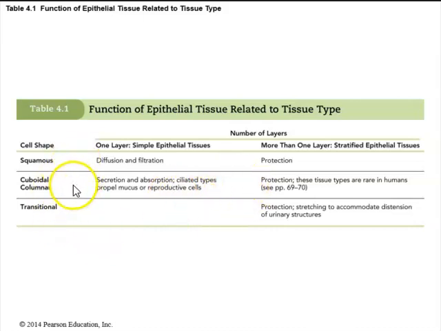Stratified types of this epithelium are mainly for protection. However, it's very rare to see stratified cuboidal or stratified columnar epithelium. And then we have transitional epithelium. The function of transitional epithelium is more for protection, as well as stretching, which allows for accommodation of distension of urinary structures, like the urinary bladder.